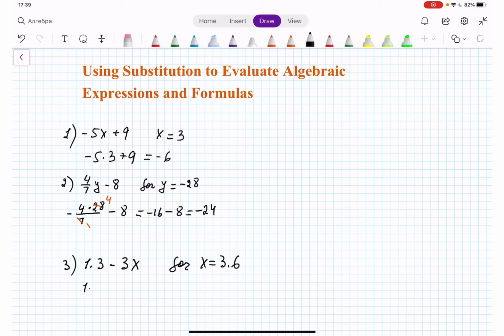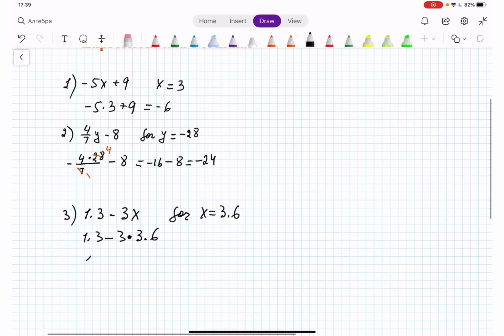Okay, 1.3 minus 3 times 3.6, and that is equal 1.3 minus 3 times 3.6. 3 times 6 is 18, 1 in mind, 3 times 3 is 9, and 1 it's going to be 10, and we have one decimal notation, so it comes 10.8. So 1.3 minus 10.8, it's going to be equal negative 9.5, because 8 minus 3 is 5, and then 10 minus 1 is 9.